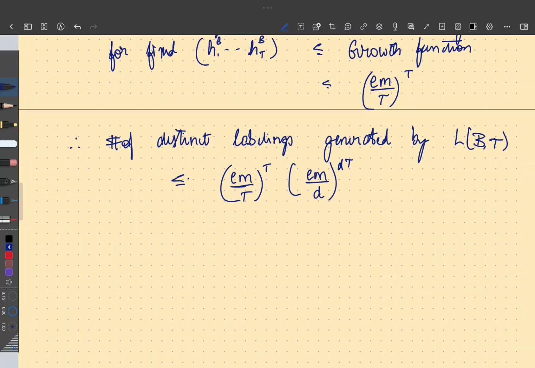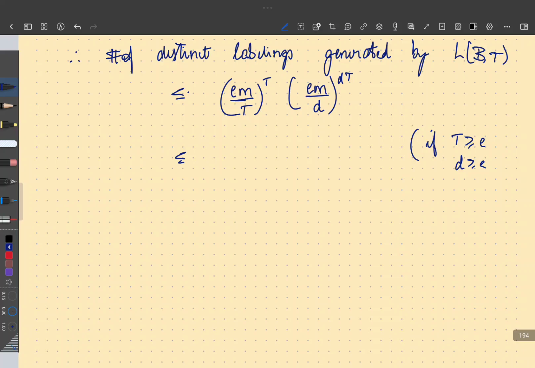We'll assume that both d and t are greater than or equal to e, just so that things look a little more convenient. So if both t and d are greater than e, e by t is at most 1 and e by d is also at most 1.